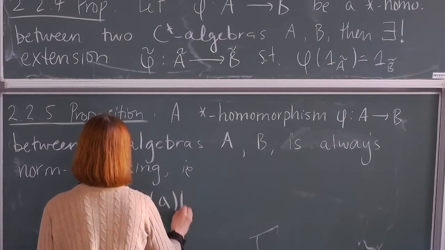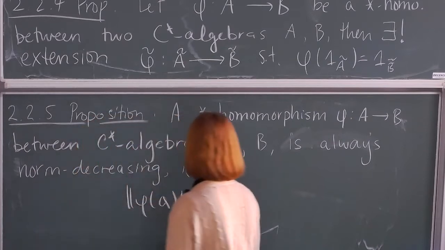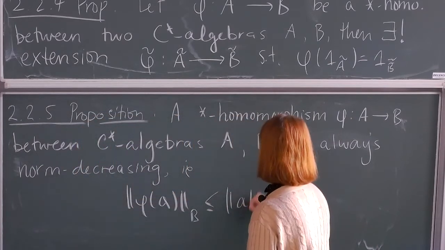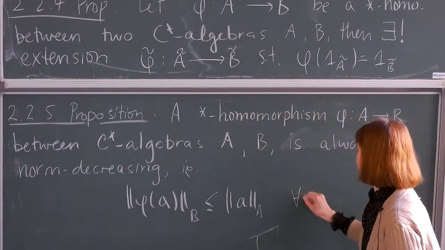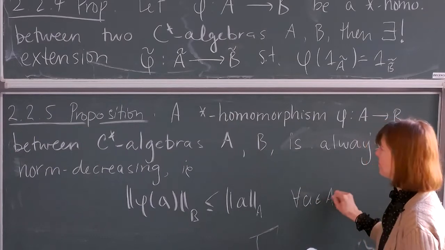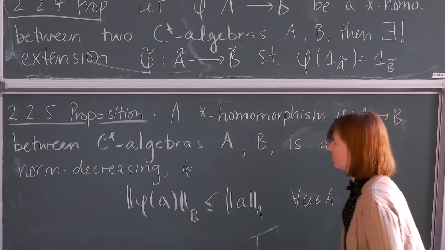So the norm of phi of a, an element of B, is always less than or equal to the norm of a in A. So in particular, every star homomorphism is continuous.